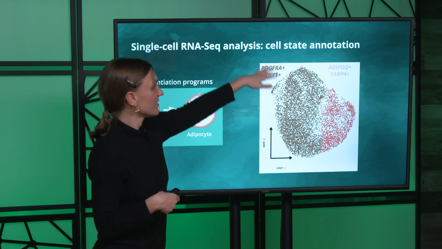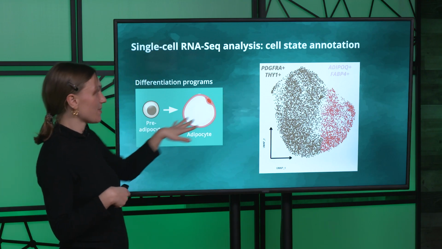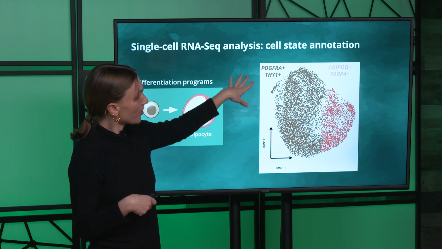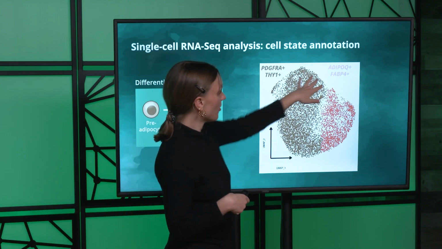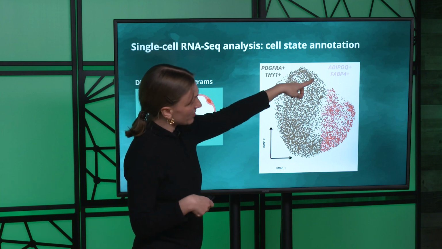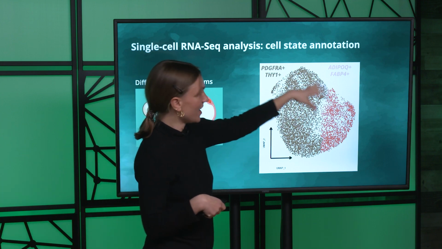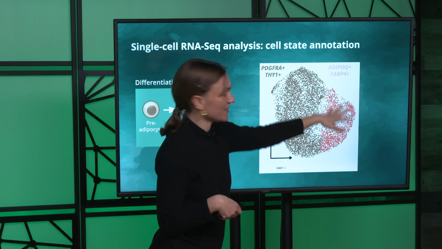What we find is that the classical gene markers of the pre-adipocytes, as well as other genes in the pre-adipocyte program, are expressed in these cells, while the classical markers of the adipocyte population, AdipoQ and FABP4, as well as other adipocyte markers, are expressed in this pink population.